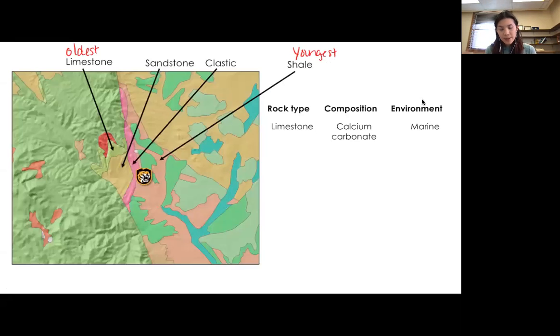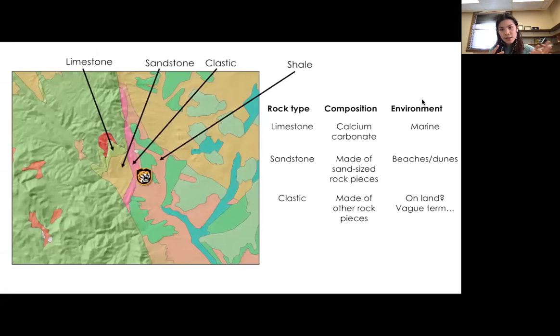We start out with this limestone that formed in a marine environment, move to a sandstone that is reminiscent of beaches and dunes, to a clastic, which is a somewhat vague term that essentially means it was formed somewhere on land, and then to a shale, which must have formed in a very quiet environment because it's made of clay-sized particles, and that would be more reminiscent of a lake or an ocean.